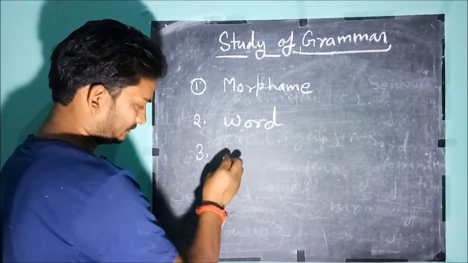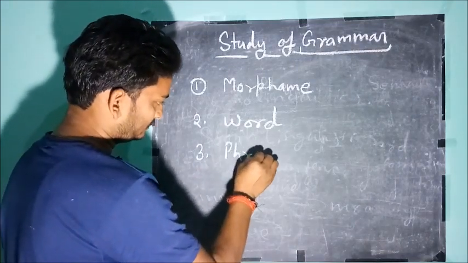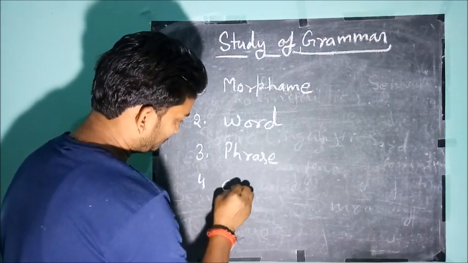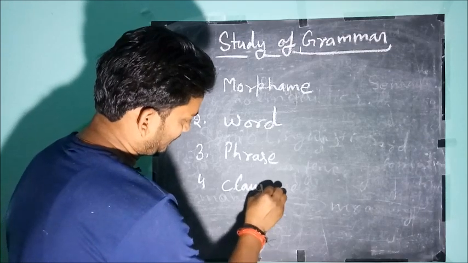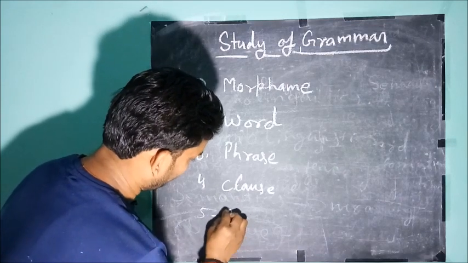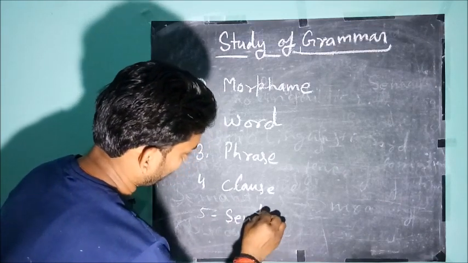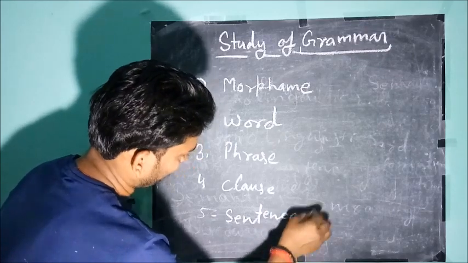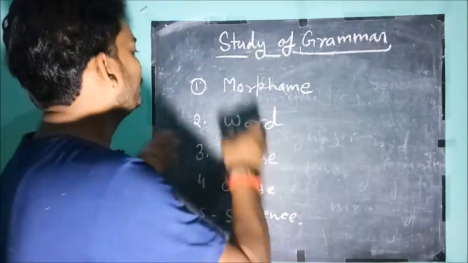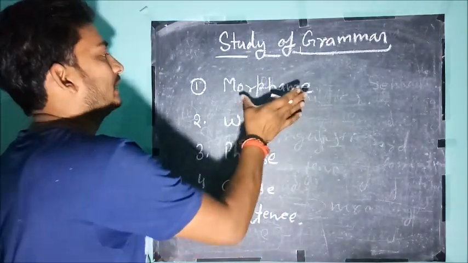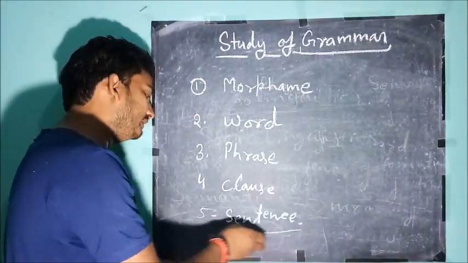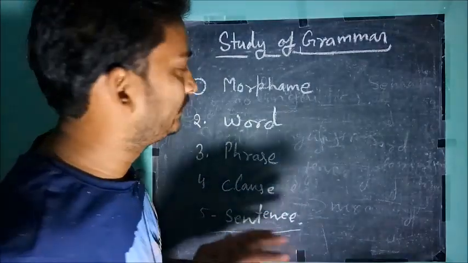Number 3, phrase. Number 4, clause. And number 5, sentence. These 5 units are meaningful units of a language. Morpheme is the smallest meaningful unit of language and sentence is the biggest meaningful unit of language.